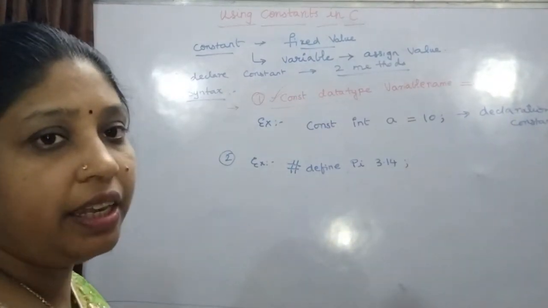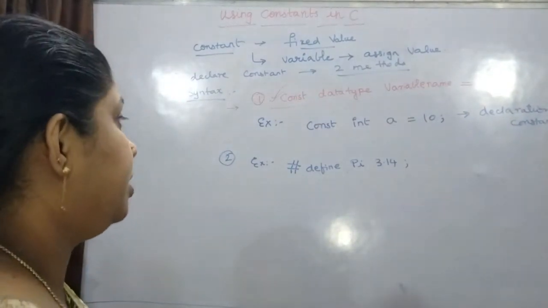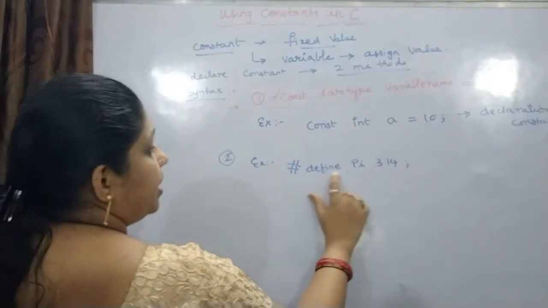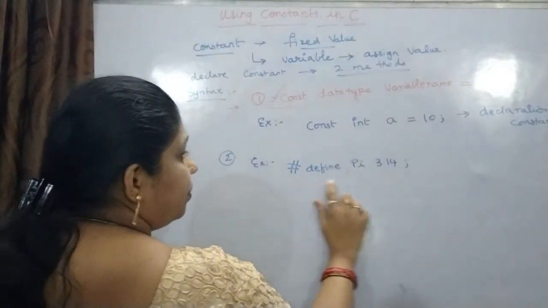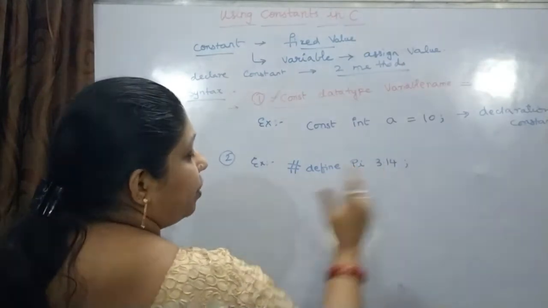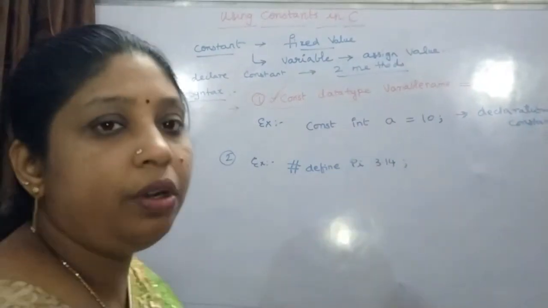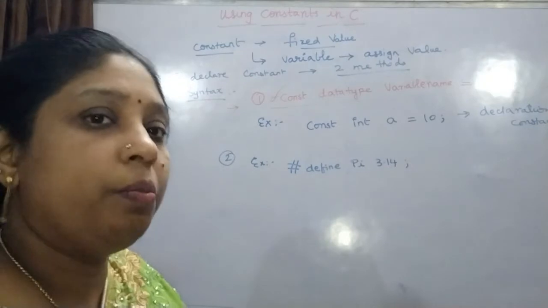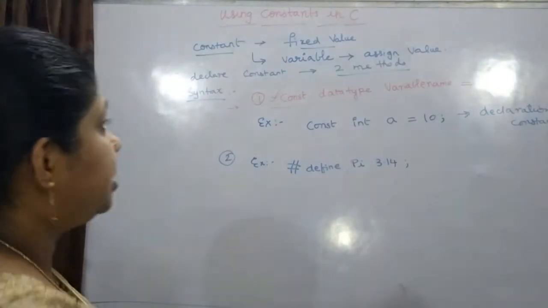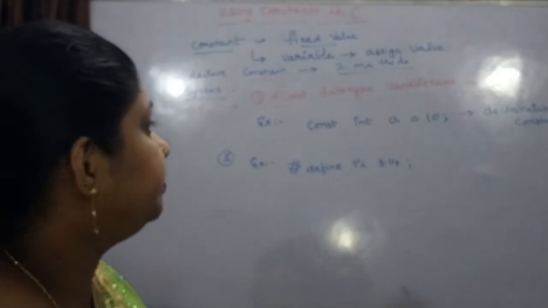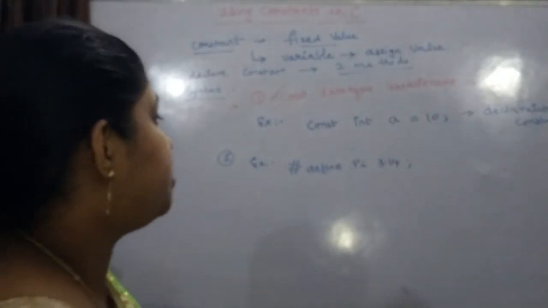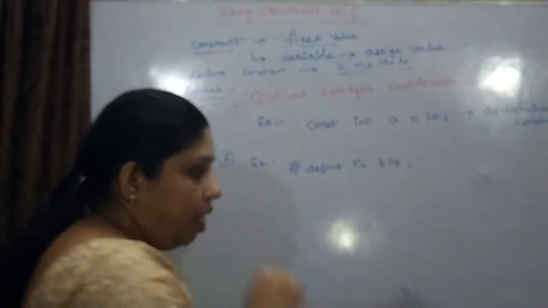This is the second method of declaration. This is the other keyword you are using for the declaration. If you define like this, the pi value will not be changed in the whole program. You cannot change the pi value in the program. So this is how you declare the constants. Everything you should write in one statement only.